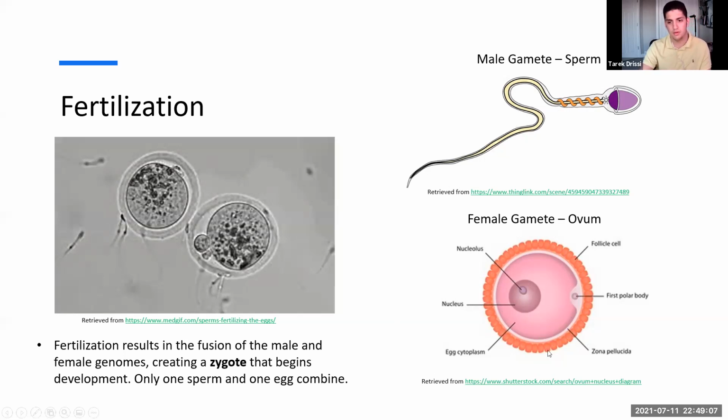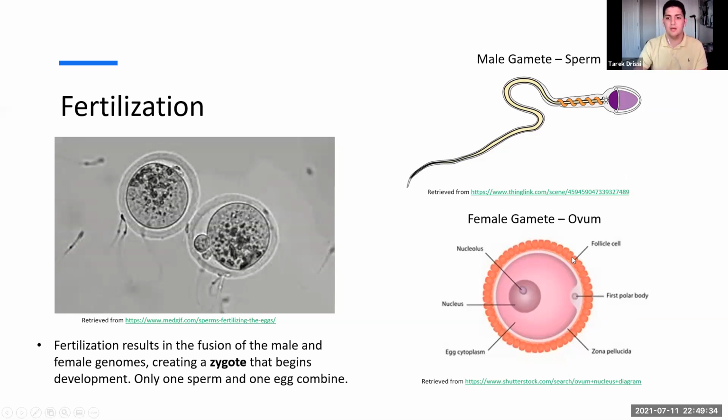This is all the fluid that the embryo needs to begin developing, and it has all the nutrients as well. The sperm has a cap known as the acrosome, which contains digestive enzymes that break down the outside so it can burrow into the egg to fuse with it, and then the genomes fuse together once it's fertilized.